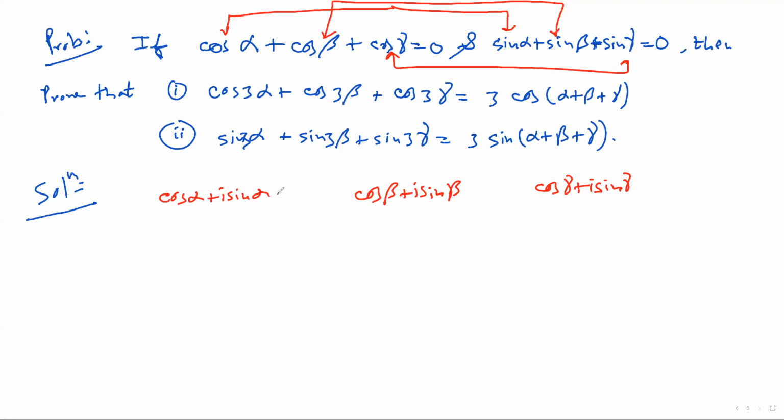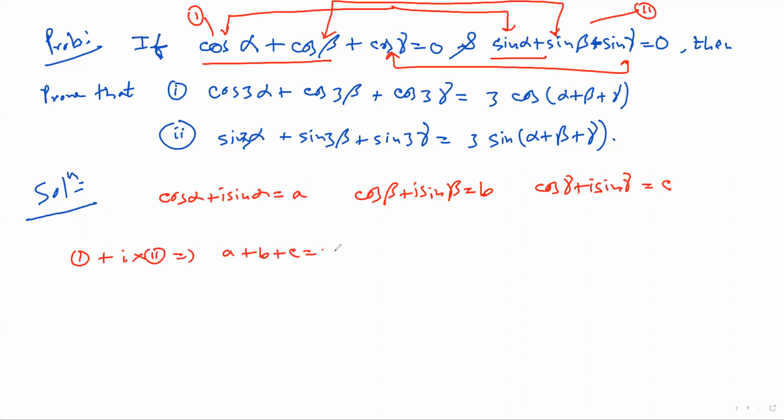Say, for example, this is just A, this is just B, and this is just C. Then from the given two equations, if this is equation number 1 and this is equation number 2, then 1 plus i multiplied by 2 gives us just A plus B plus C equals 0.